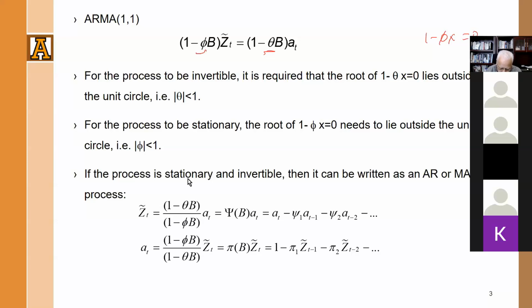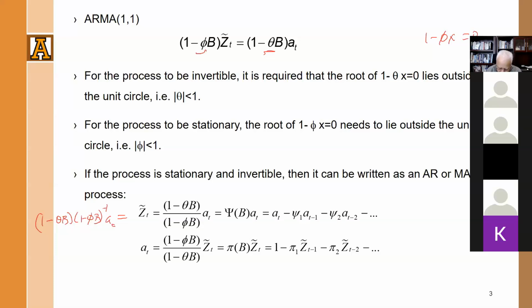If the process is stationary and invertible, then we can write Z_t as (1 minus theta B) times (1 minus phi B) inverse applied to a_t.